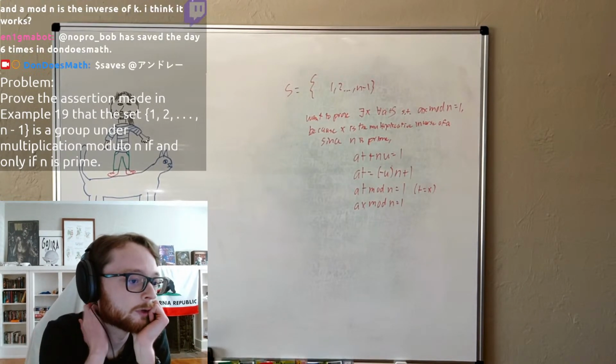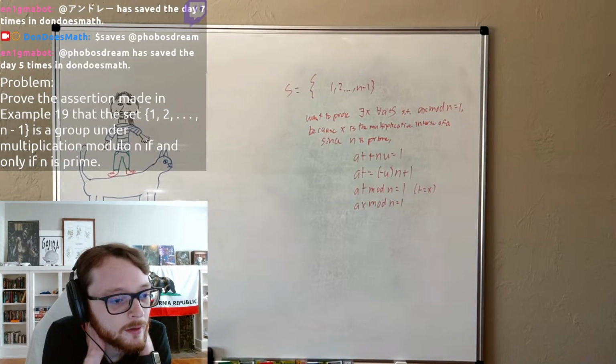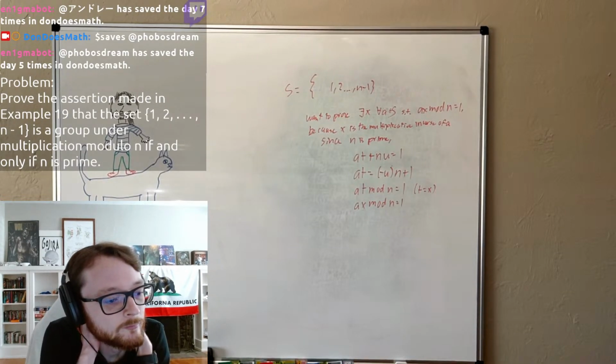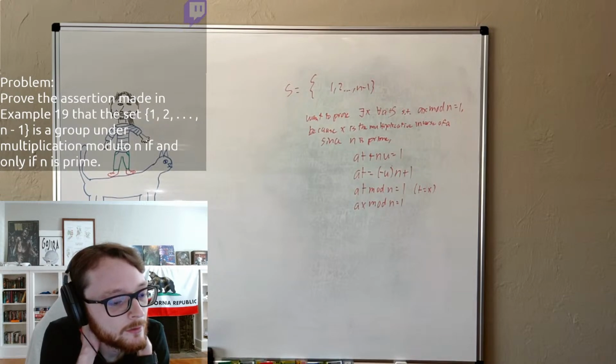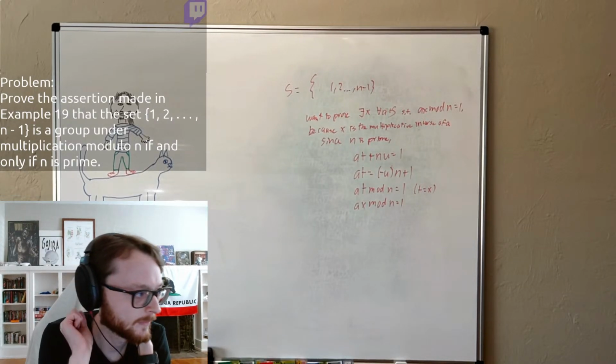For any k in 1, 2, 3, up to n minus 1, there exist integers a, b such that ak plus bn equals 1. Right. Now reduce mod n to show that ak equals 1 mod n, and a mod n is the inverse of k?